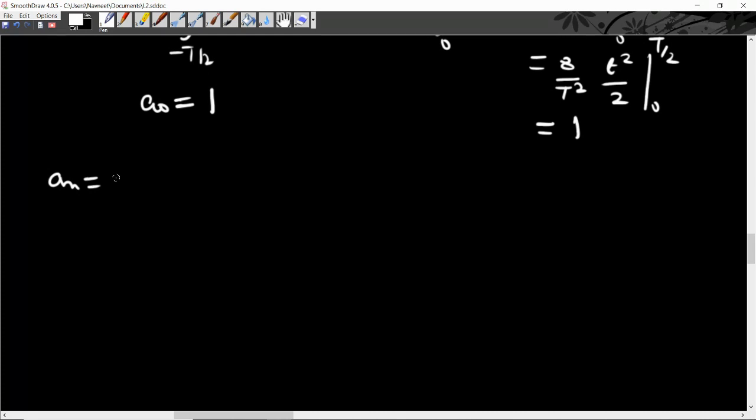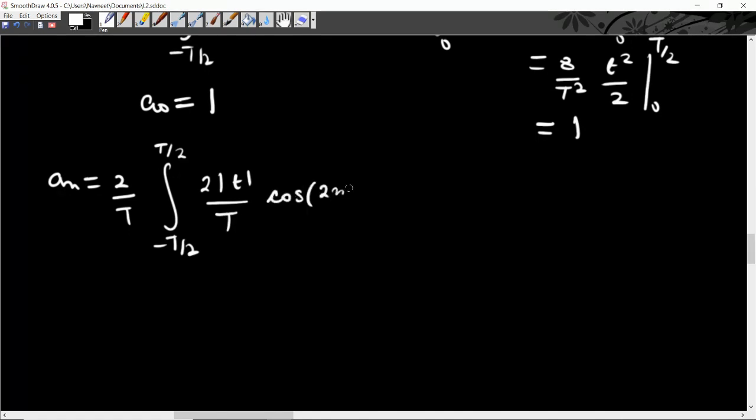So an is given by 2 over T, the function times cosine 2n pi t times dt.